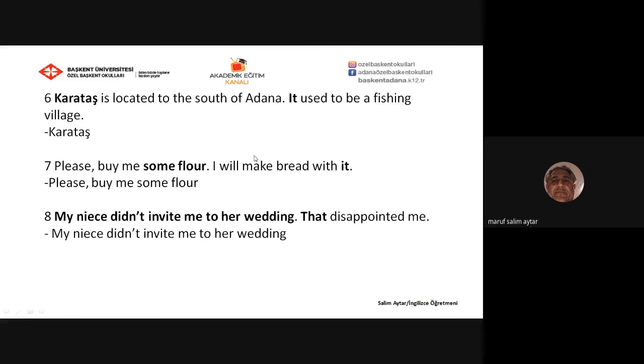Will this information give us extra information or necessary information? Think about it. My niece didn't invite me to her wedding. Okay? Does this refer to the whole sentence here?